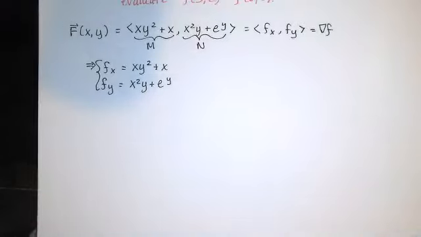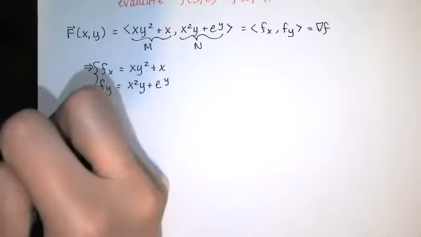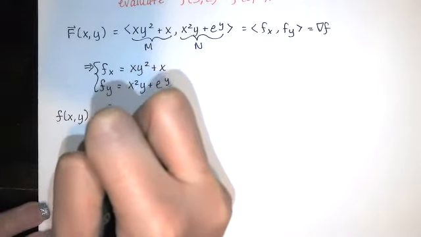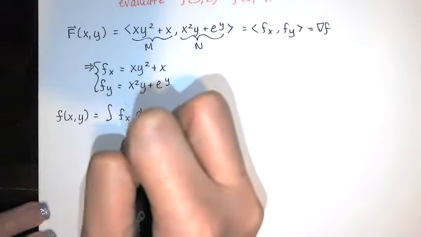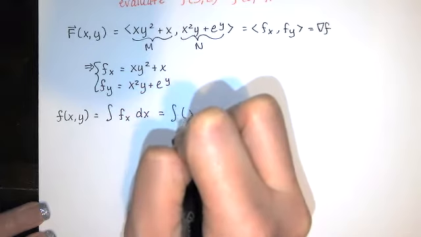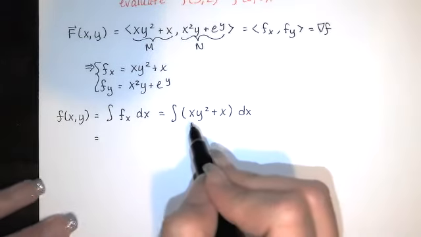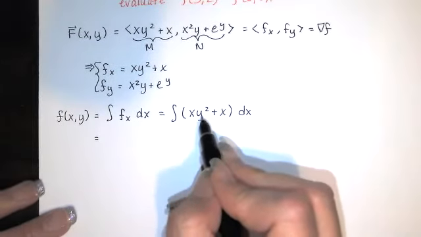Okay, so I have the partial of f with respect to x, and I want to find f. So I take the antiderivative of the partial with respect to x, with respect to x, and that will recover f partially. It's sort of a partial antiderivative. Okay, so I'm anti-differentiating with respect to x.